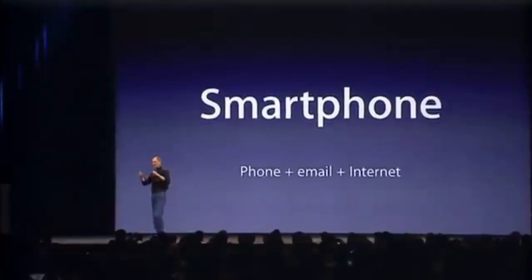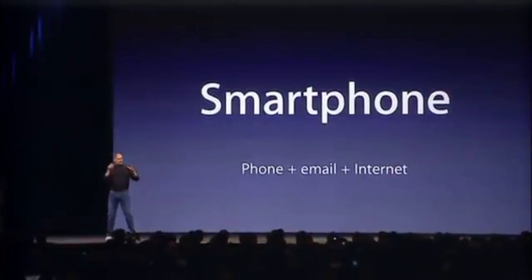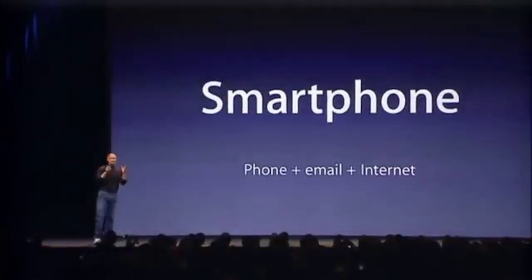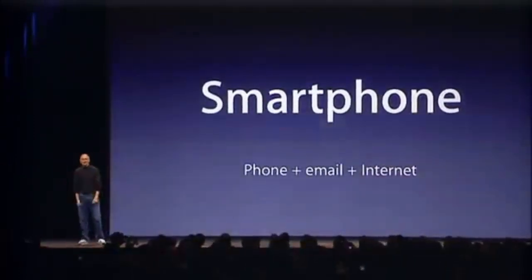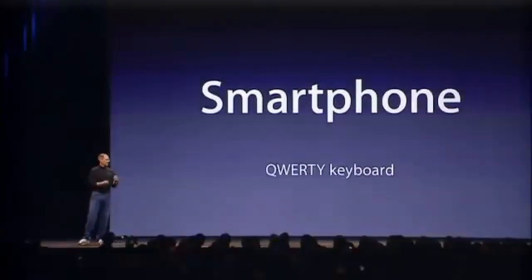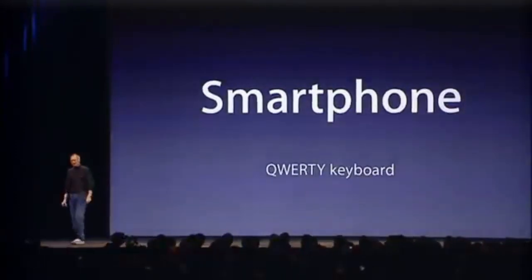The most advanced phones are called smartphones, so they say. And they typically combine a phone plus some email capability, plus they say it's the internet, sort of the baby internet, into one device. And they all have these plastic little keyboards on them. And the problem is that they're not so smart and they're not so easy to use.